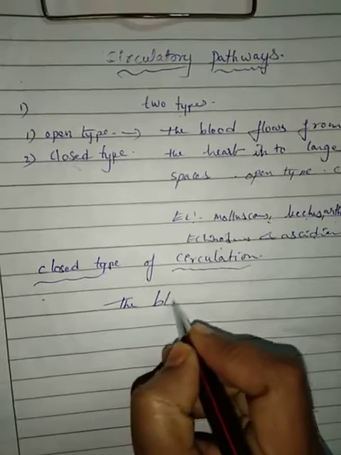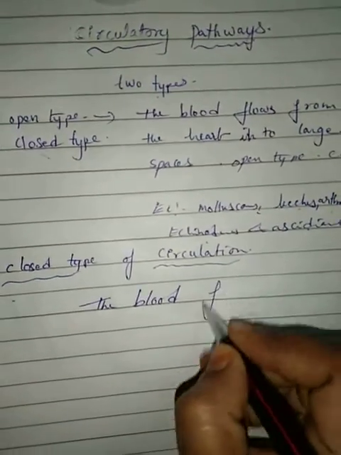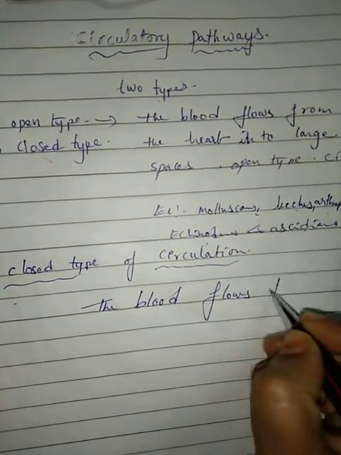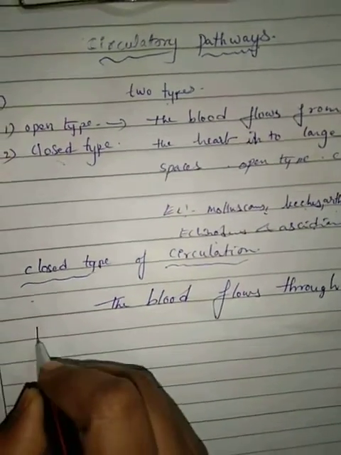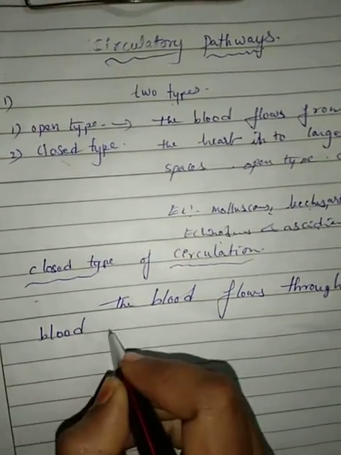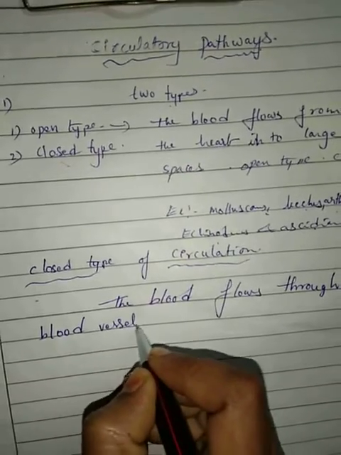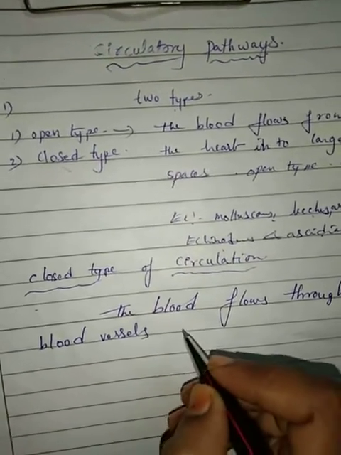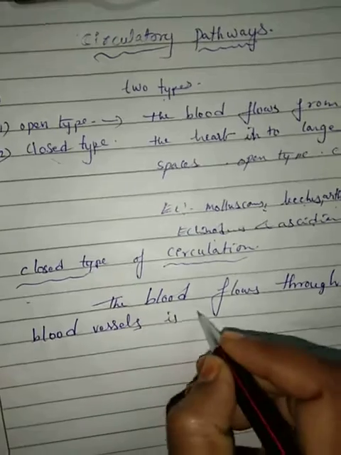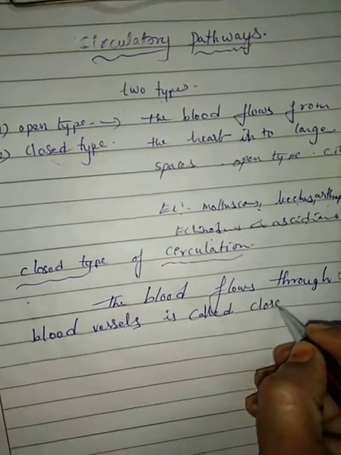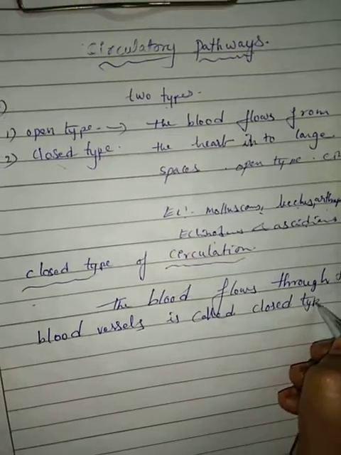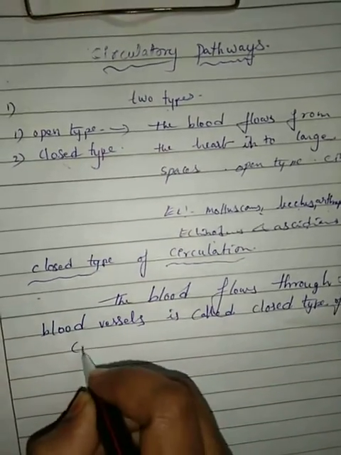Blood flowing through the blood vessels is called closed type of circulation.